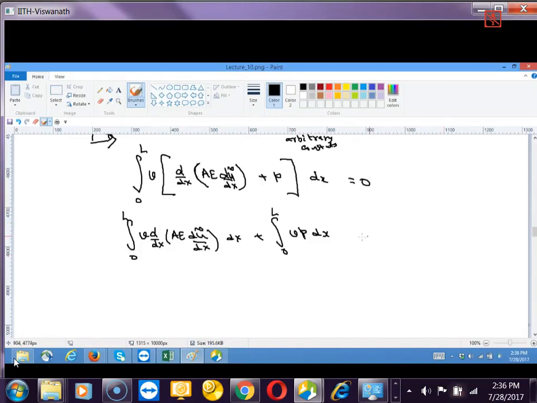Together they have to be equal to 0. Okay. Now here use integration by parts.